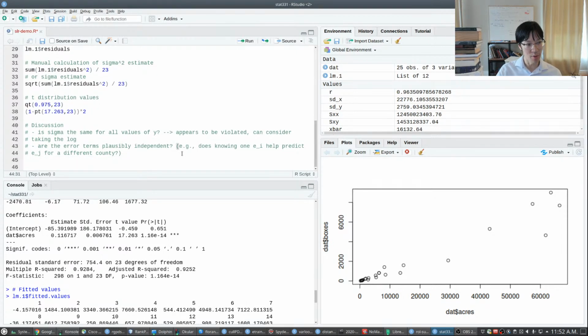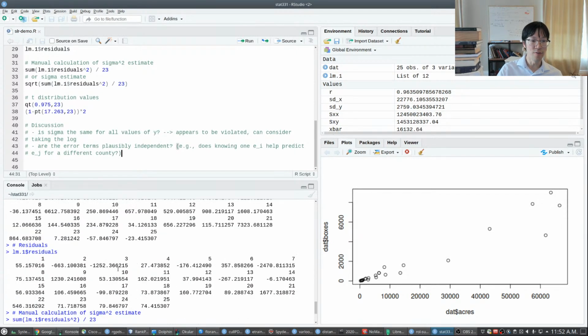So in a practical sense, that's what this independence assumption in our linear model says. If I know the first residual, for example, our first residual is 55, does that give me any information to predict the residual or the error for any of the other counties?